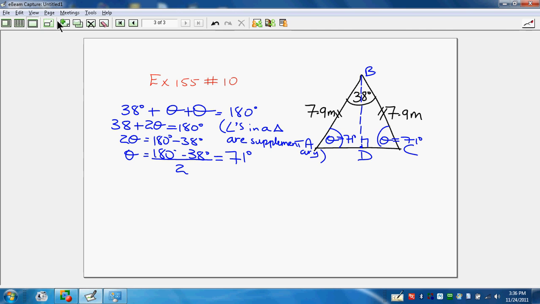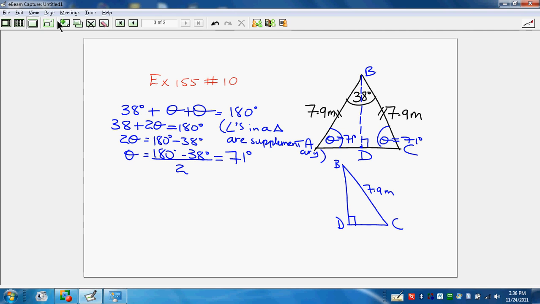So now, if we know what theta is, we look at the triangle BDC. I'll extract it here so you could see it by itself. We have B here, we have D here, and we have C, and this is a right angle, BDC. Then we know BC is 7.9 meters.